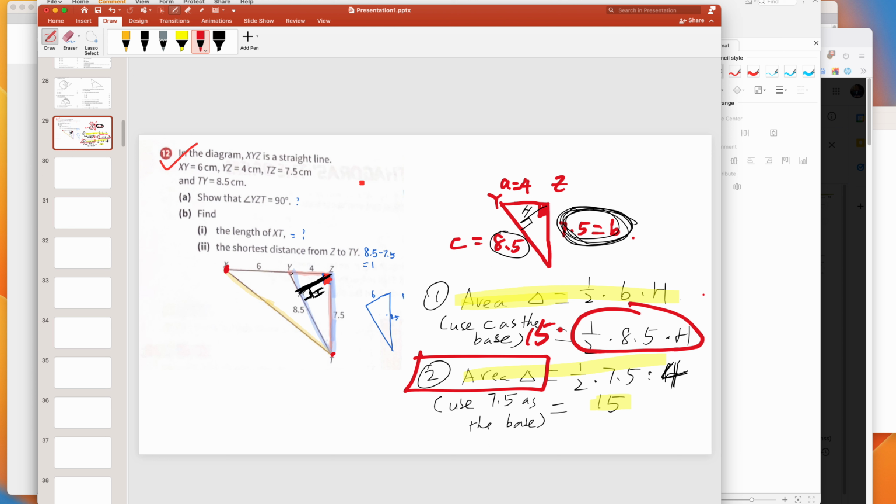Therefore half times 8.5 times h should be equal to 15. So how do you find h? Continue. What's the answer for h?